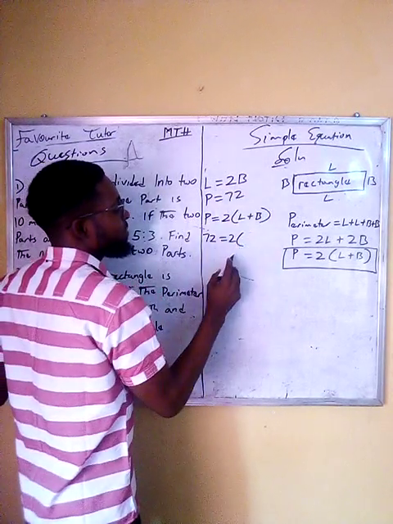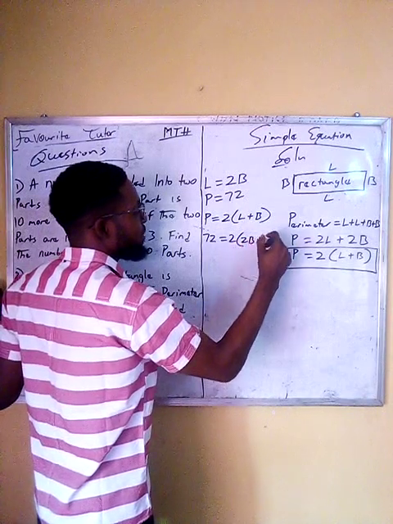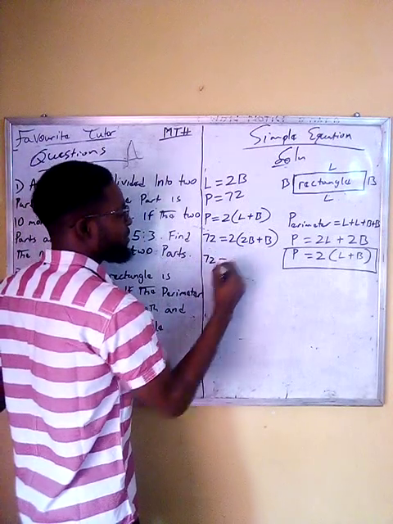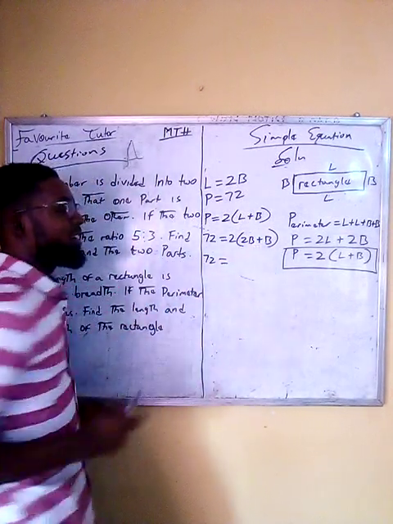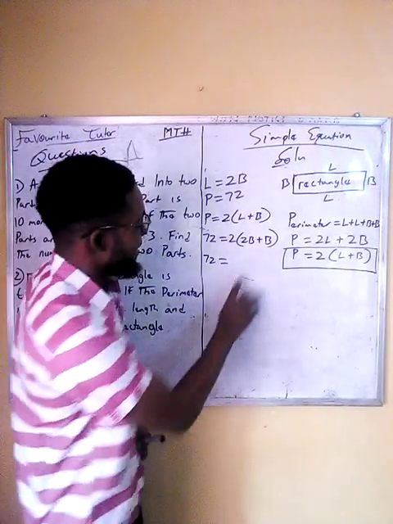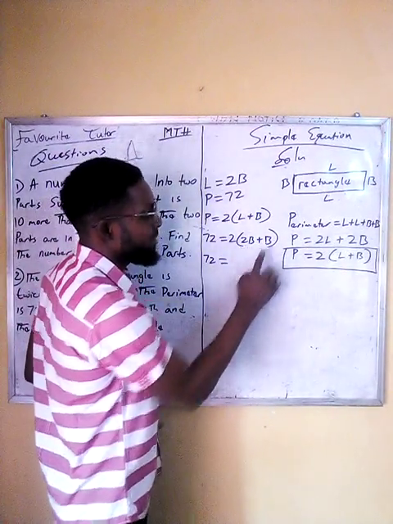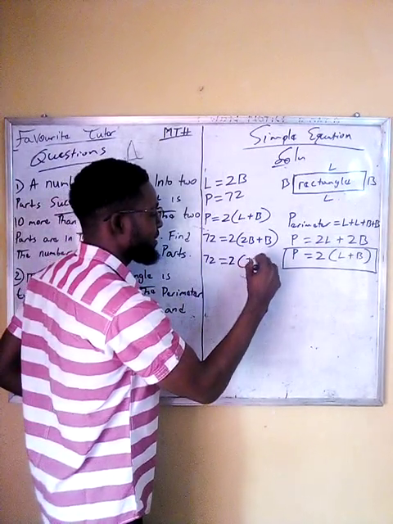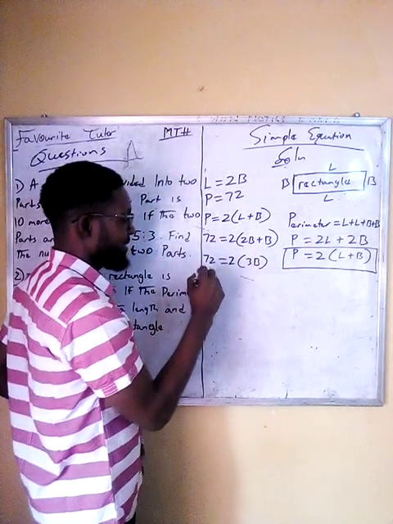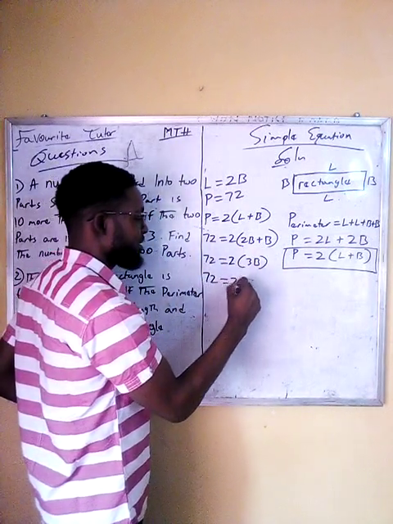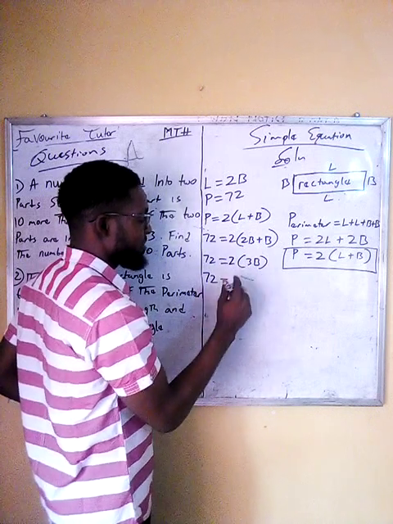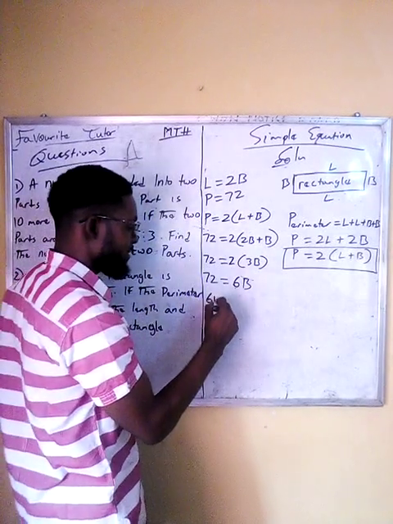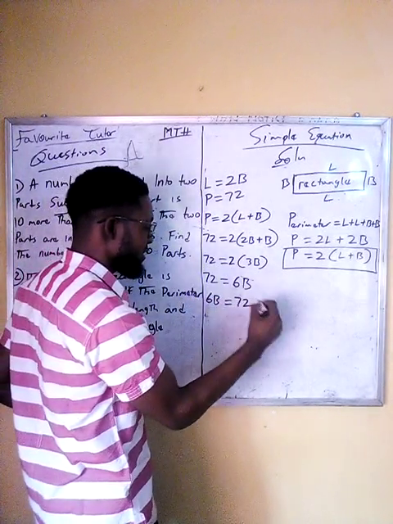The length is twice the breadth: 2B plus B. If you check the brackets, you can see that there are like terms. 2B plus B is going to give us 3B. So this is 72 equals 2 times 3B, which is 6B. That is 6 breadths. So 6 breadths is equal to 72.